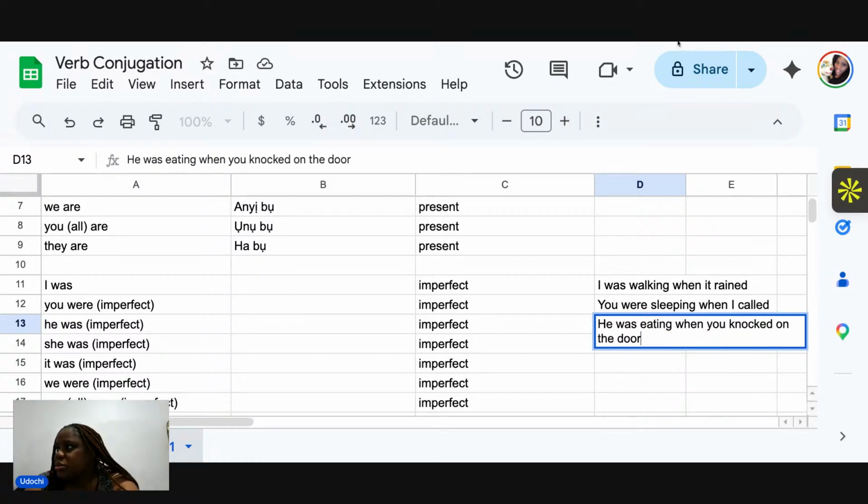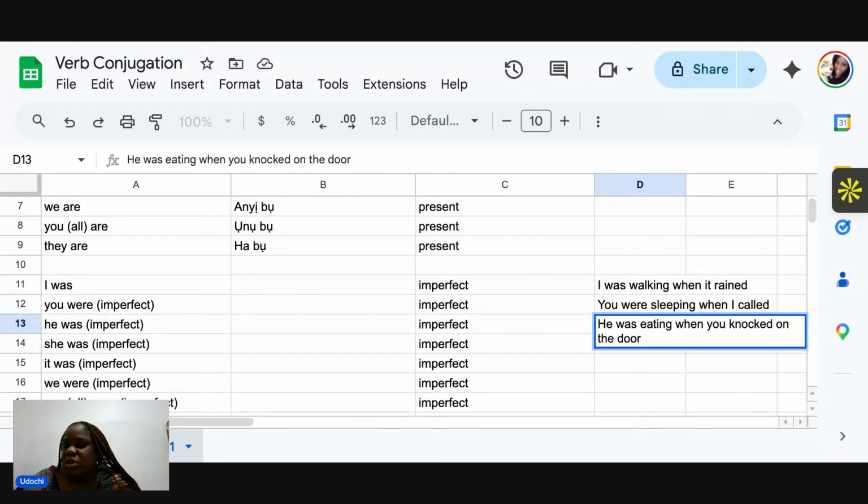Or, let's see. It says she used to. But there's another way to say used to in Igbo.